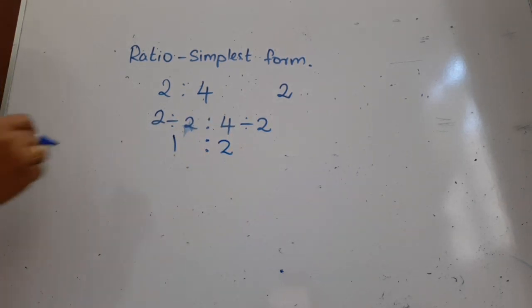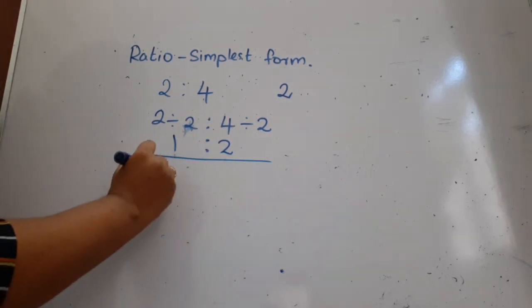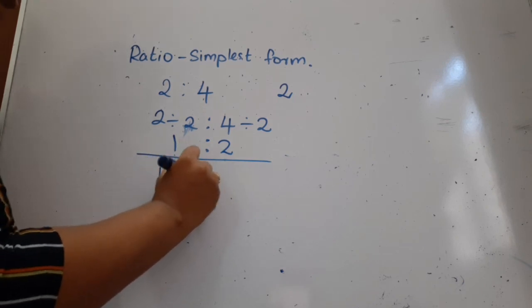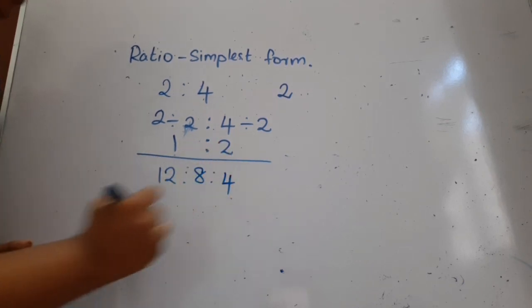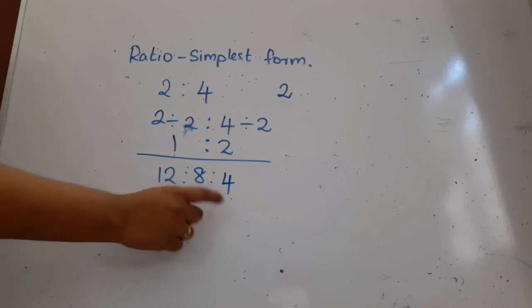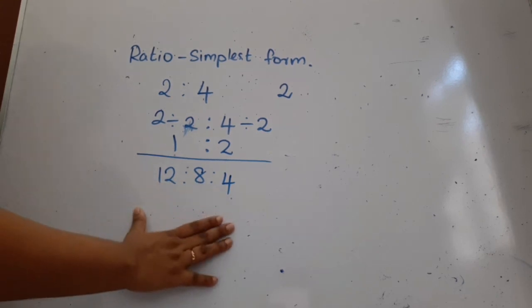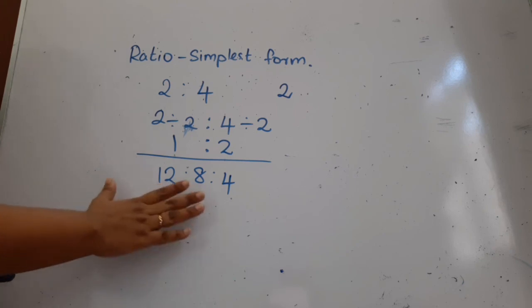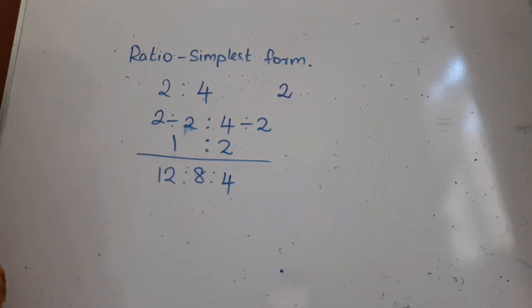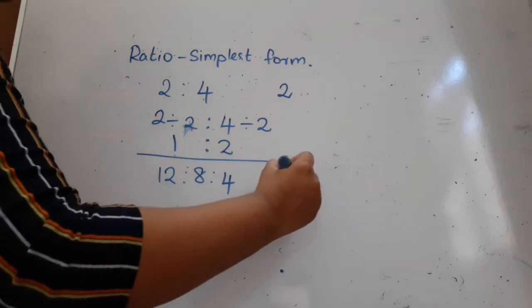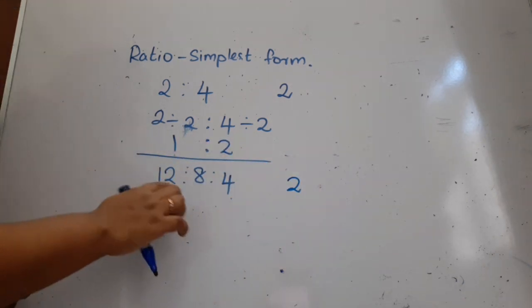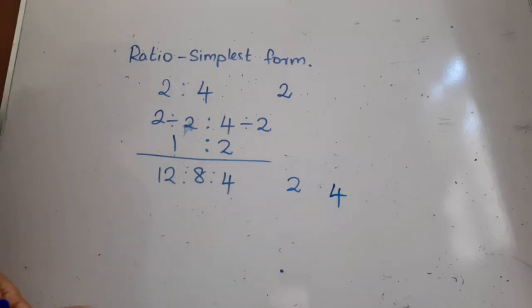Let's take another example. 12 to 8 to 4. Now there are 3 numerical values being compared. Now let's check for a number which can divide all 3 numbers without a remainder. Here we can divide these numbers by 2 as well as by 4.